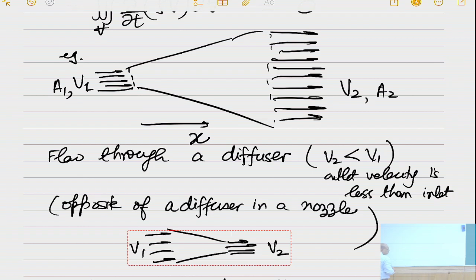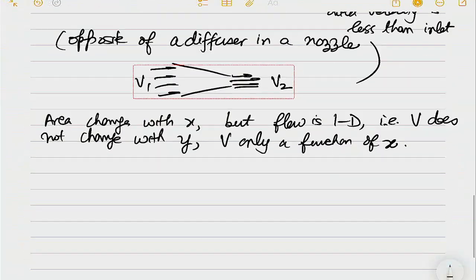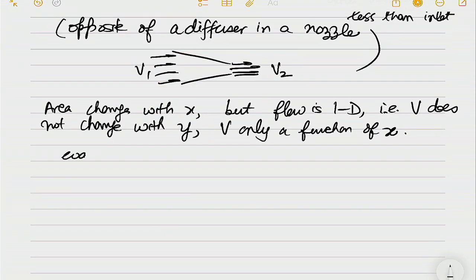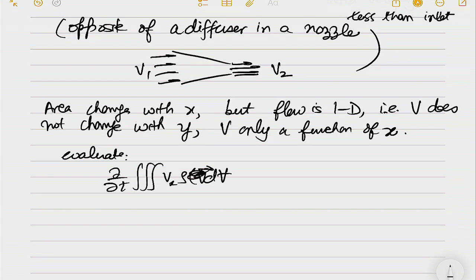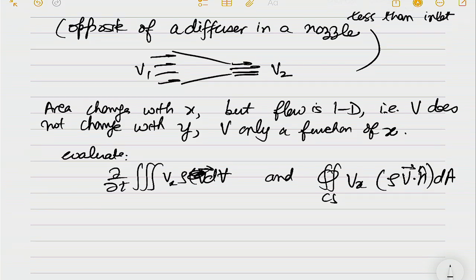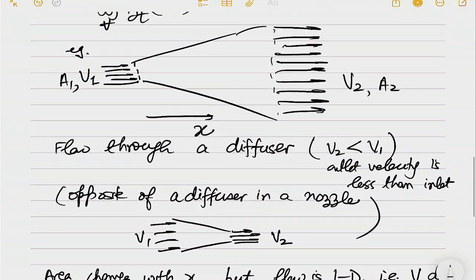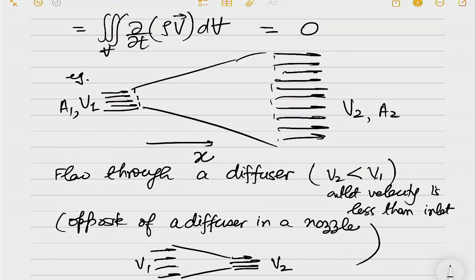And if this is the term and we are supposed to evaluate, so to solve the full problem, we will need to evaluate these two terms on the right hand side.